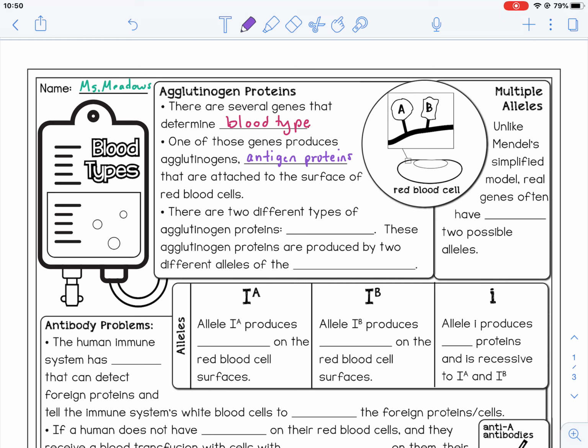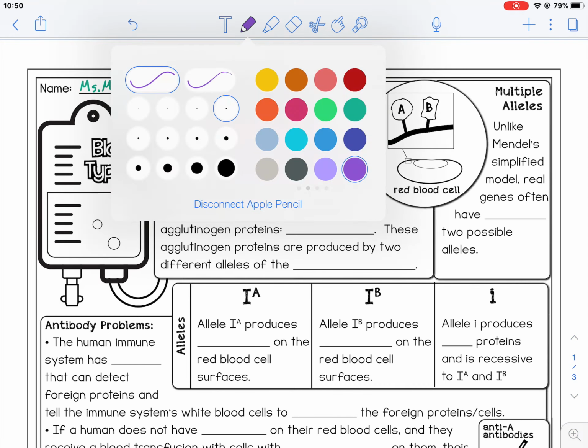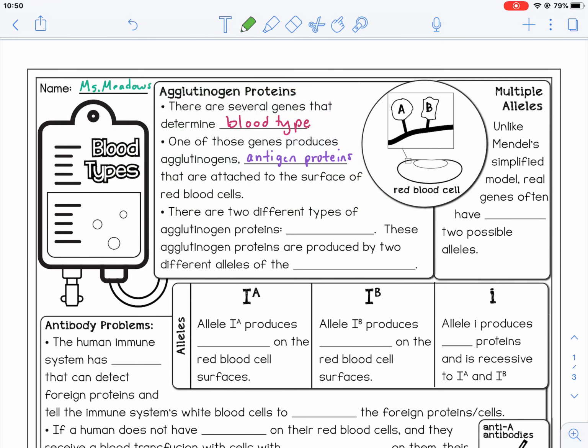There are two different types of agglutinogen proteins. There's a type A and a type B. These agglutinogen proteins are produced by two different alleles of the same gene.